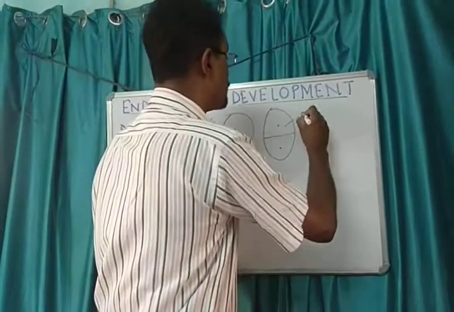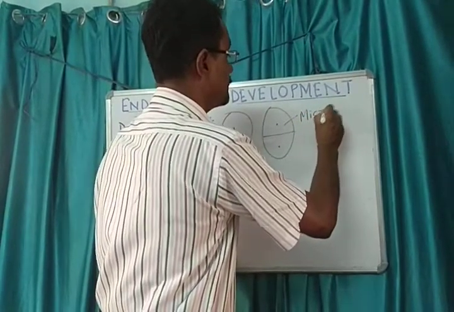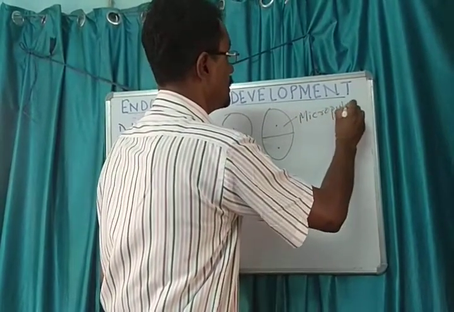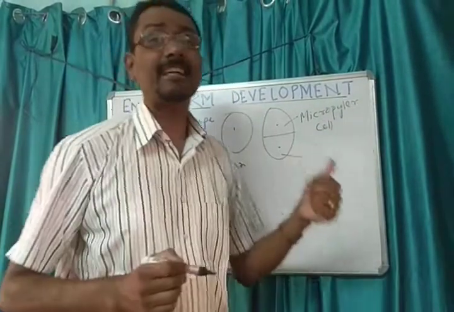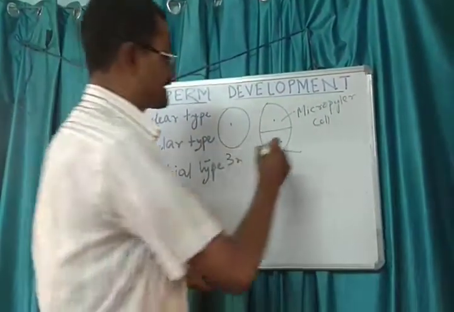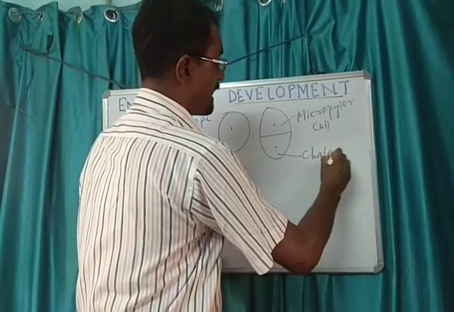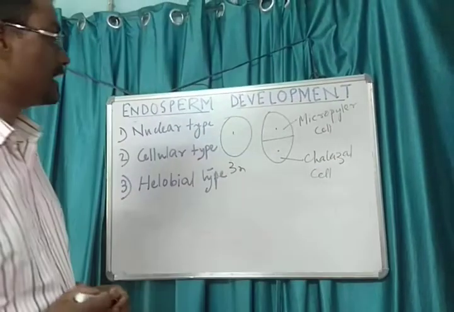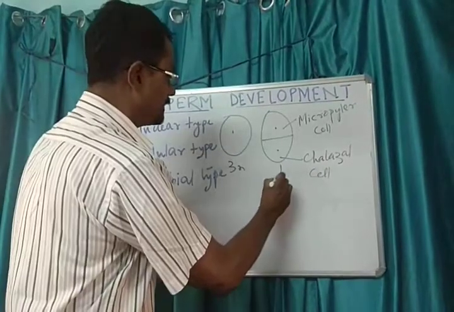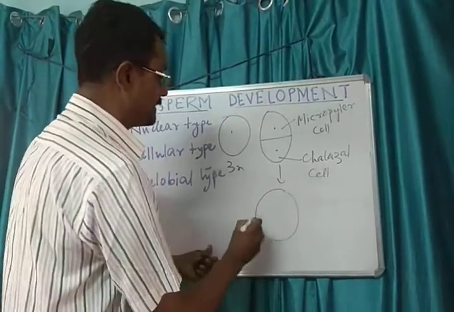One is called the micropylar cell. The other is called the chalazal cell.